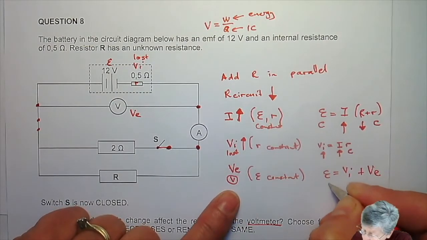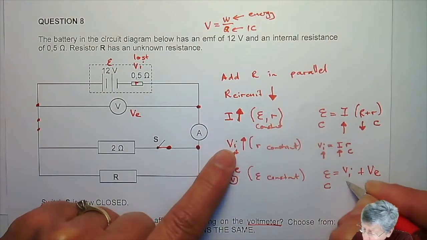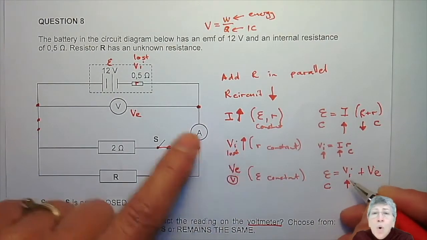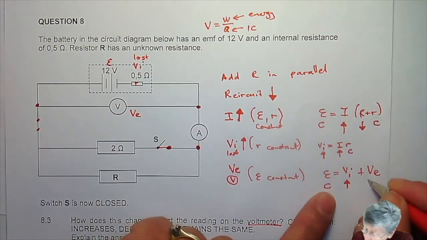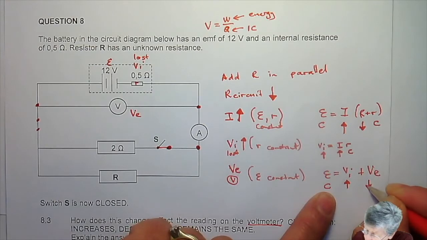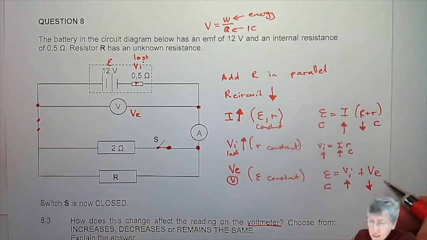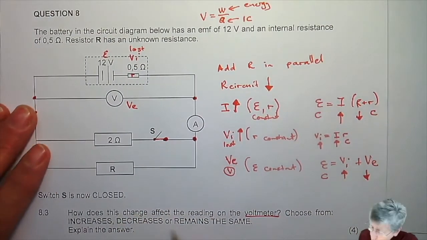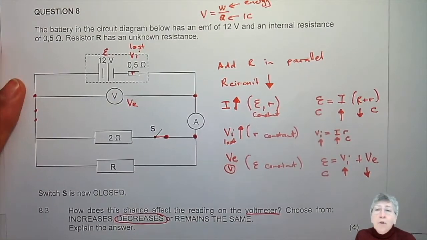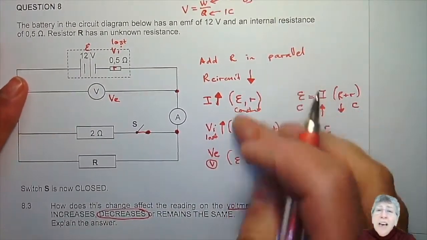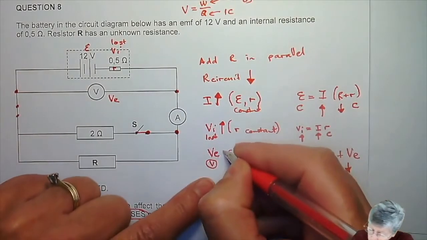And this one is going to stay constant. And we've just now worked out that the internal voltage will be more. More will be used up inside. So to get the same answer, the external voltage will be less. And that is the answer to my question. So it will decrease. And for the 4 marks, you have to say everything. So that one is going to decrease.